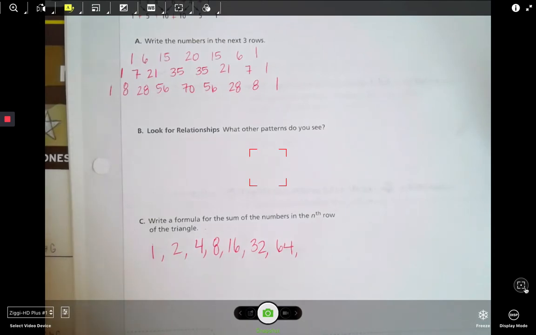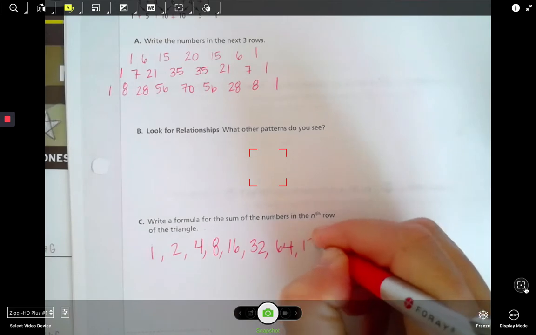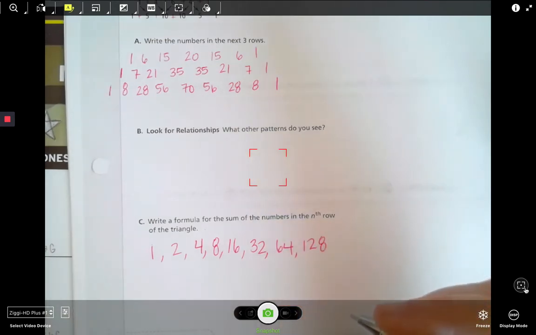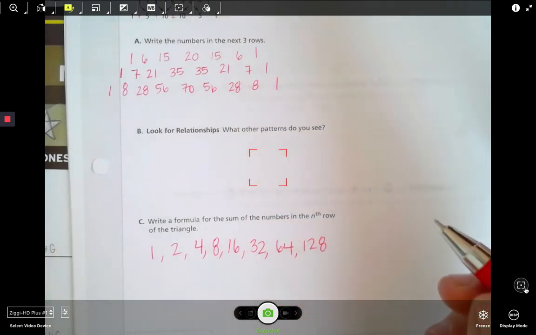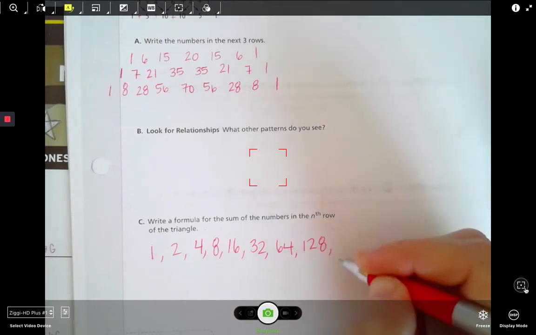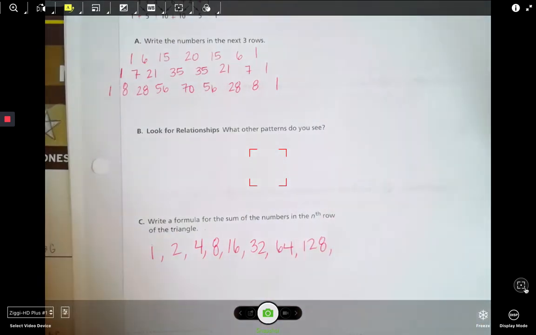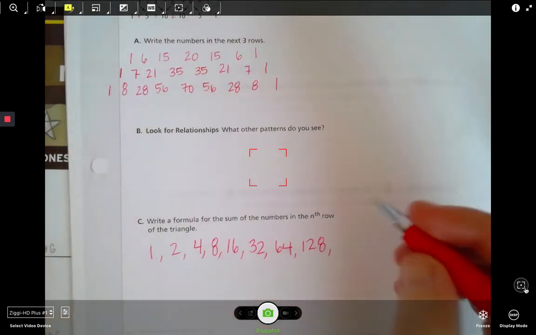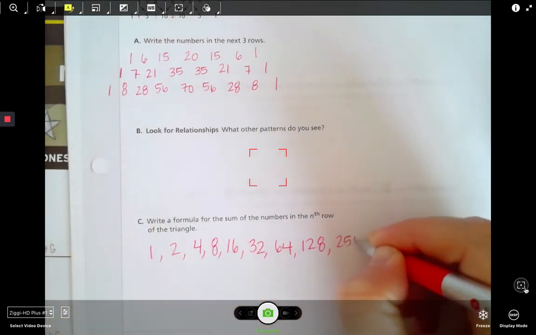Next, I got 1 plus 7 plus 21 plus 35 plus 35 plus 21 plus 7 plus 1. That's 128. And then my last row is 1 plus 8 plus 28 plus 56 plus 70 plus 56 plus 28 plus 8 plus 1. It's 256.